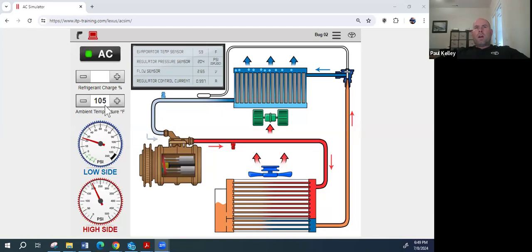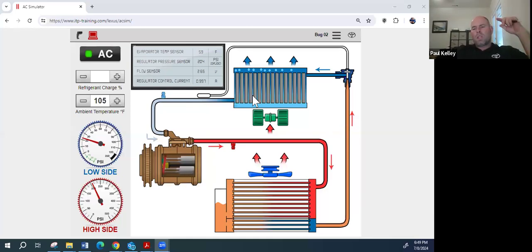So if you left the car outside in 105, don't you think the evaporator temperature sensor should read 105? Don't you think your intake air temperature, if you left it off long enough, your coolant temperature, your cabin temperature, you can check all temperature sensors at the same time if you let everything equalize to the ambient temperature and you know what temperature that is.